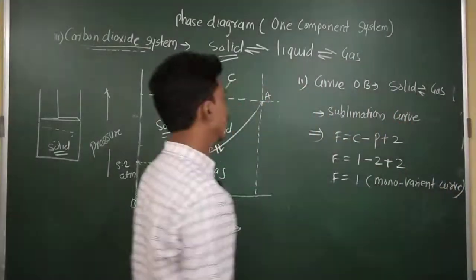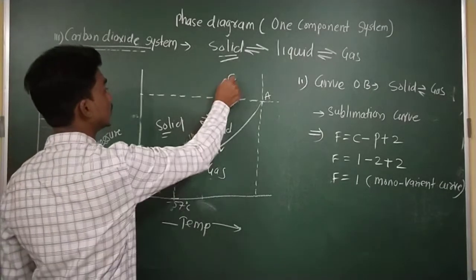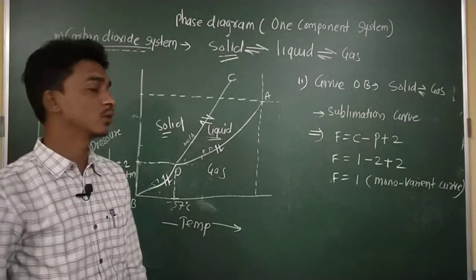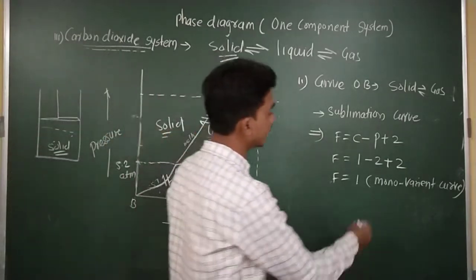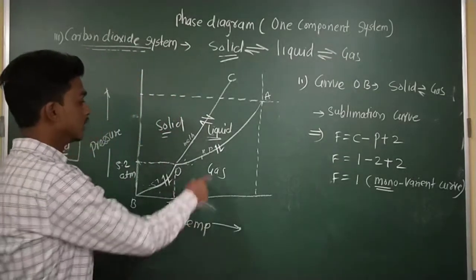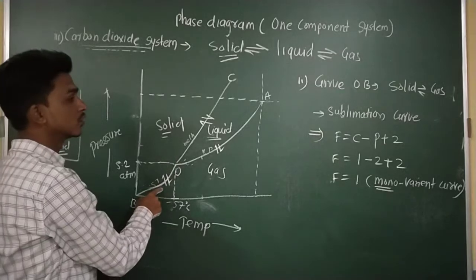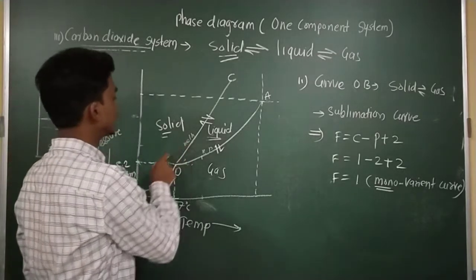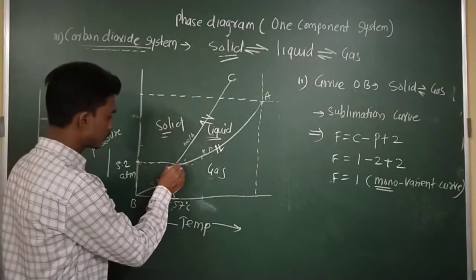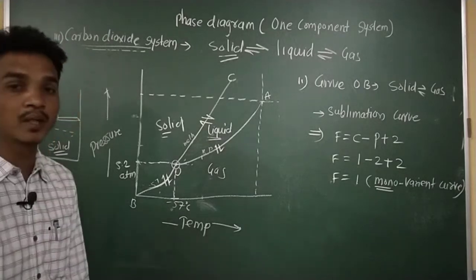So this is simple. These three curves, O2C, O2A and O2B, are all monovariant curves. This is the boiling point curve, this is the melting point curve, and this is the sublimation curve. Okay, and after that you have to write something about the point O, that means the triple point.